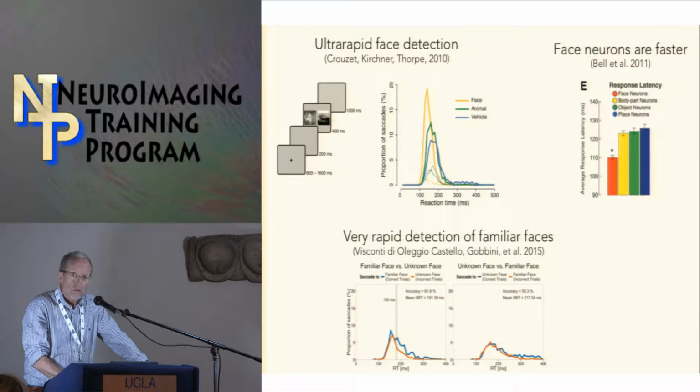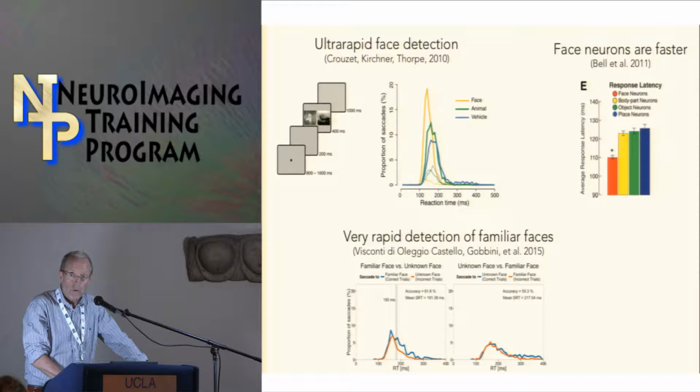So how quickly can people make a behavioral response that reflects that they've detected, in some sense, which face is familiar and which one is not? And when it's a familiar face, they have saccades that are reliably better than chance at about 180 milliseconds.